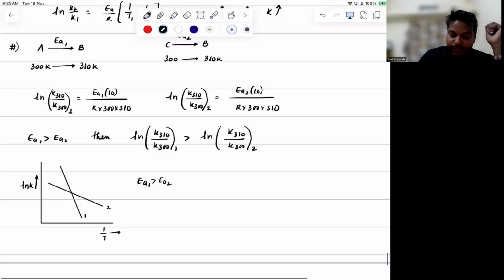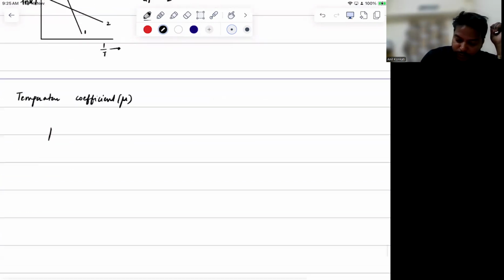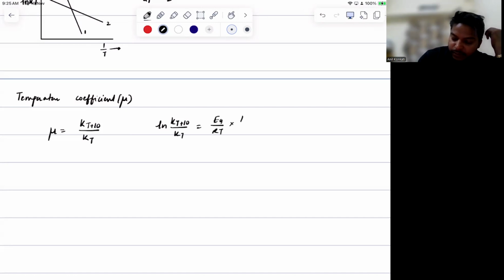Clear everyone? Next, check out how the temperature coefficient has been used. Temperature coefficient mu can be written as K at T plus 10 divided by K at T. So we can write ln of K(T+10) by K(T) as EA by R into 10 by T into (T plus 10).